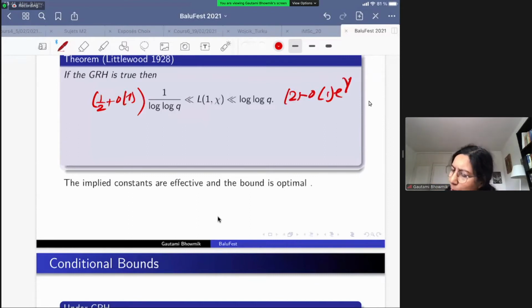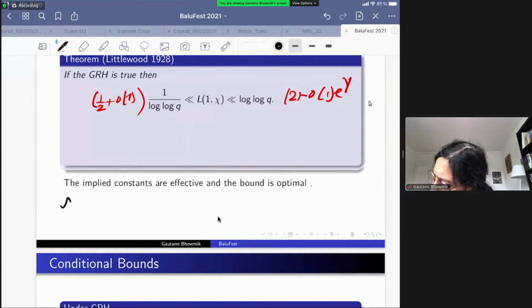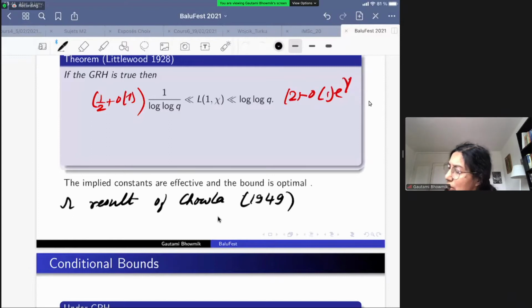This bound is optimal because there's an omega result by Chowla from 1949, which says that you cannot really do very much better. So under GRH, this is about what you can expect.